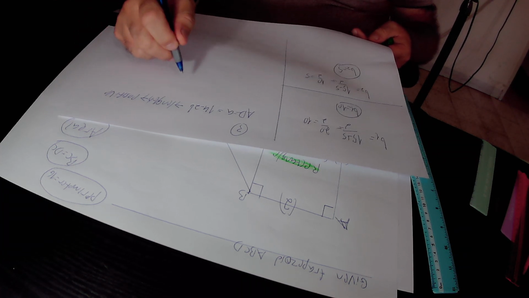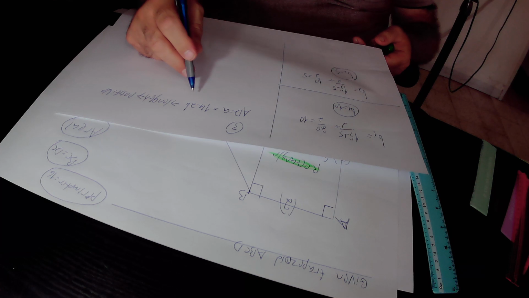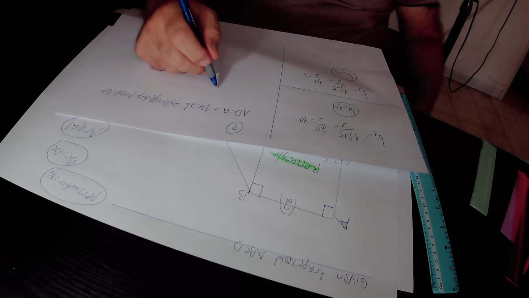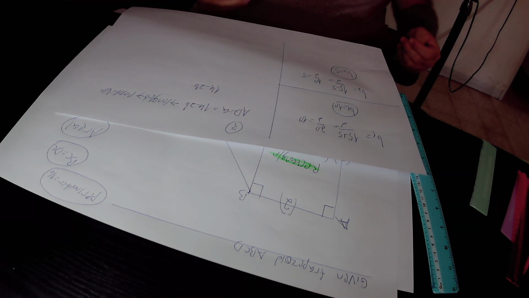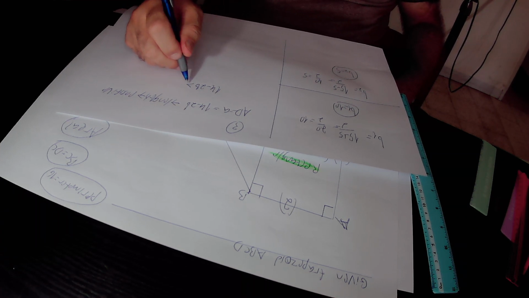That is to say, AD equals 14 minus 2B must be greater than 0.